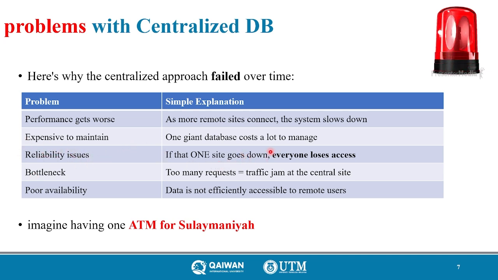If that one site goes down, everyone loses access. This is a single point of failure. Now, bottleneck: too many requests equal what? Traffic jam at the central site. Also poor availability. Data is not efficiently accessible to remote users. To understand all of these points, just imagine having one ATM machine for the entire Suleimania. Now we would have all of these problems even more.